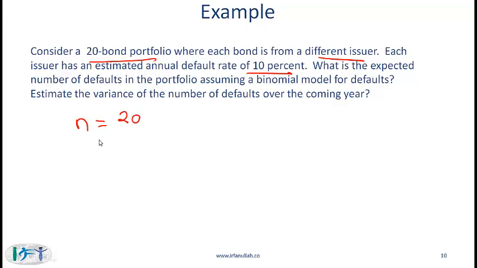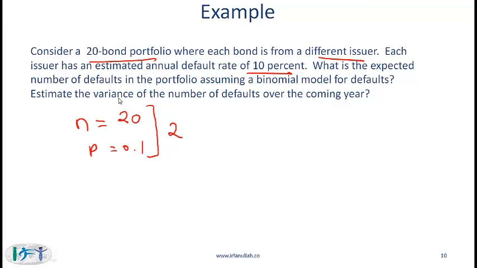The probability of a default is given by 0.1. We are asked what is the expected number of defaults. So the expected number of defaults would simply be the product of these two numbers, which is 2. Now this seems a little awkward, but here we are actually defining the default as a success just because of the way the question is worded. So the expected value is 2.